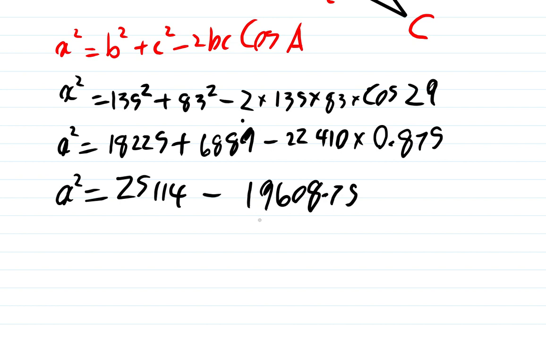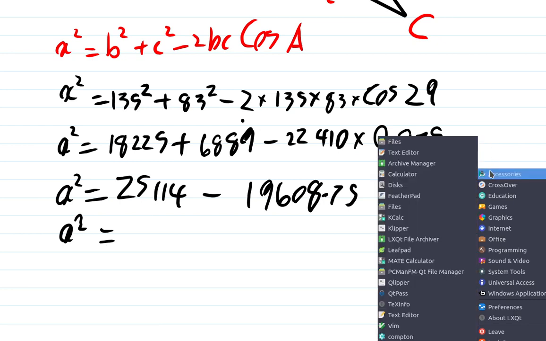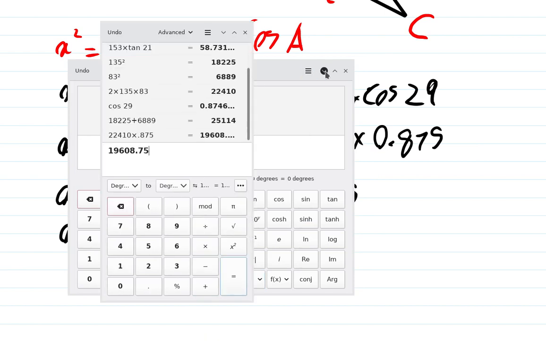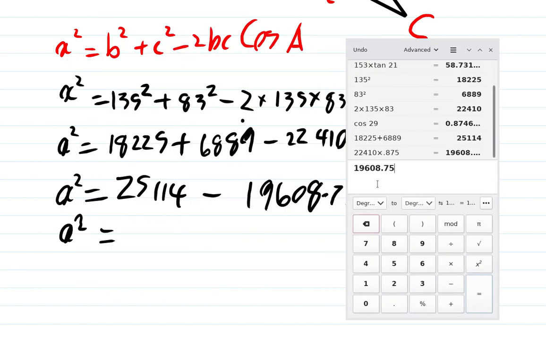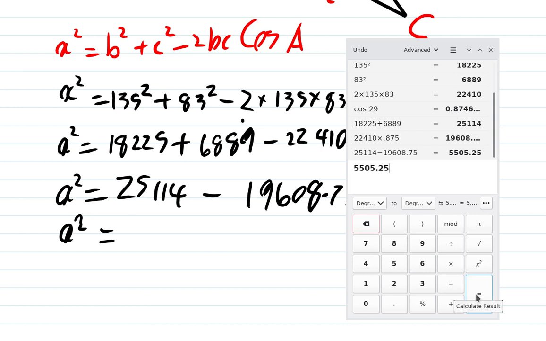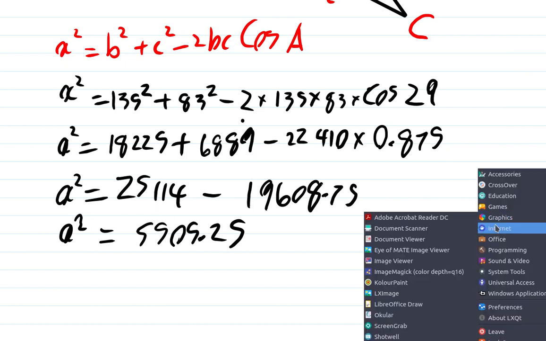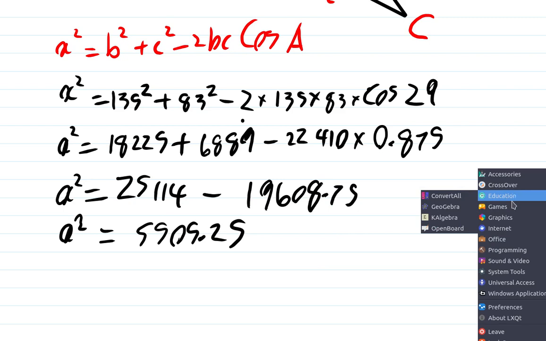So A squared equals, we do our subtraction now: 25,114 minus 19,608.75 equals 5505.25.